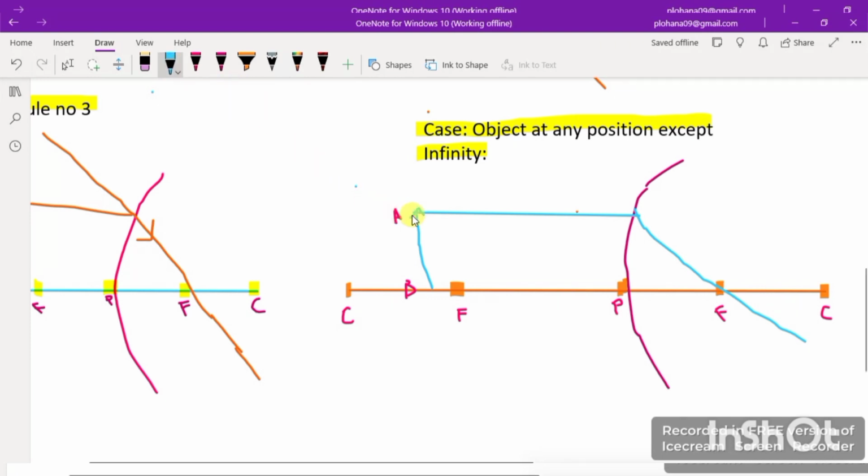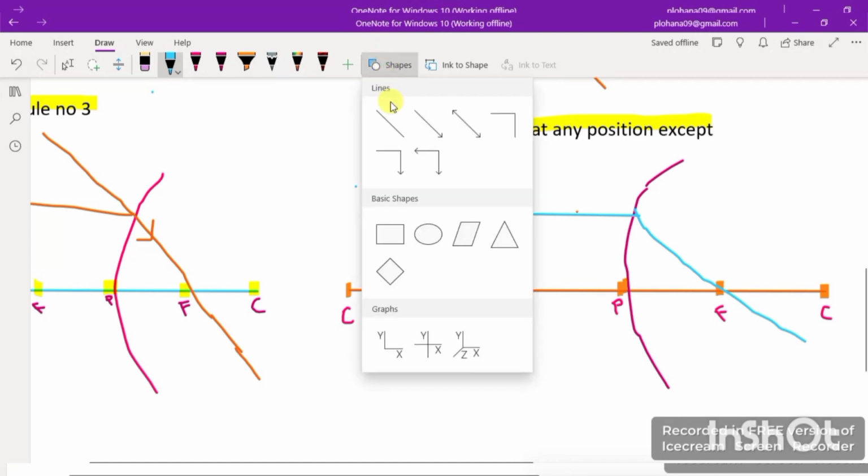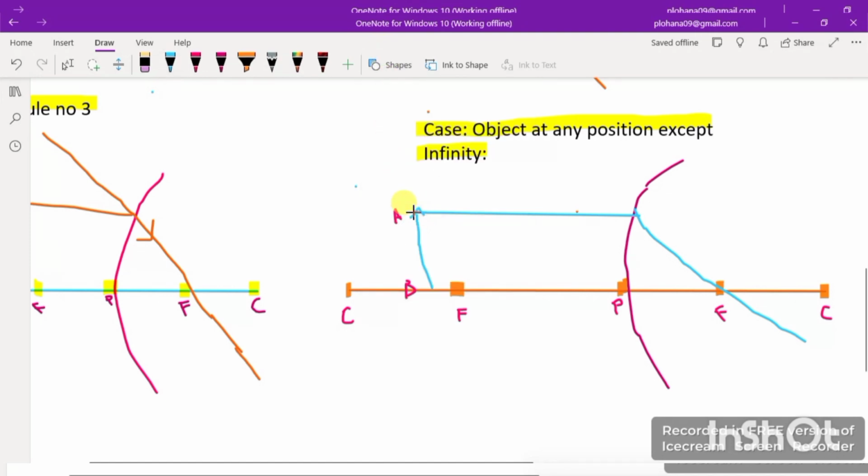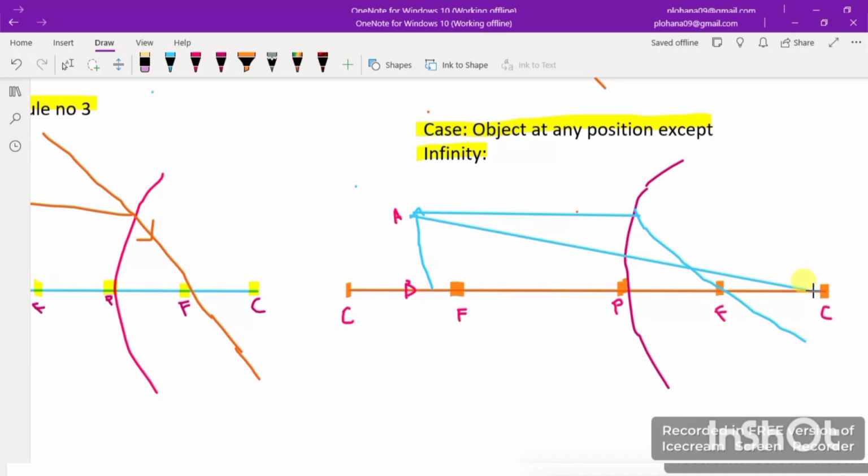So let me make it here. Here you can see this is the direction of the incident ray while this is the direction of the reflected ray, right? So third rule, what was that?